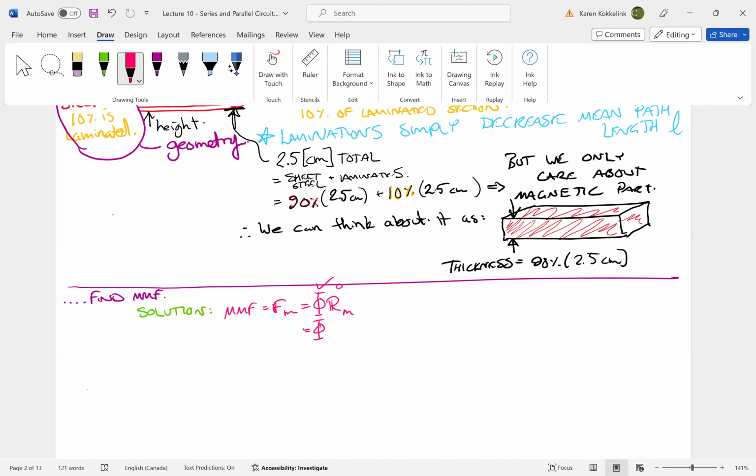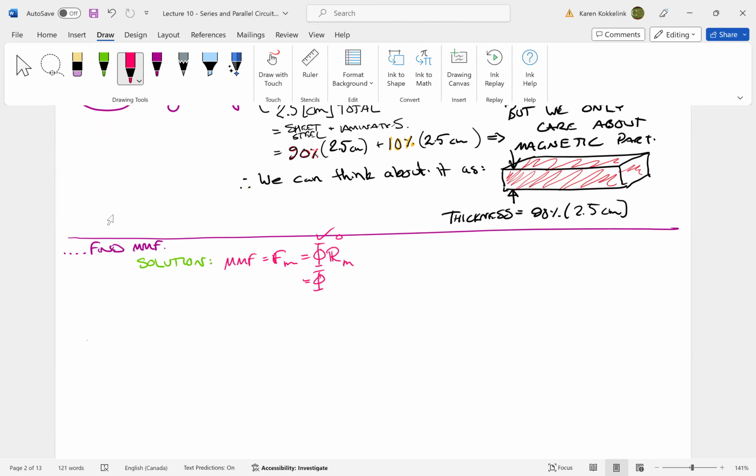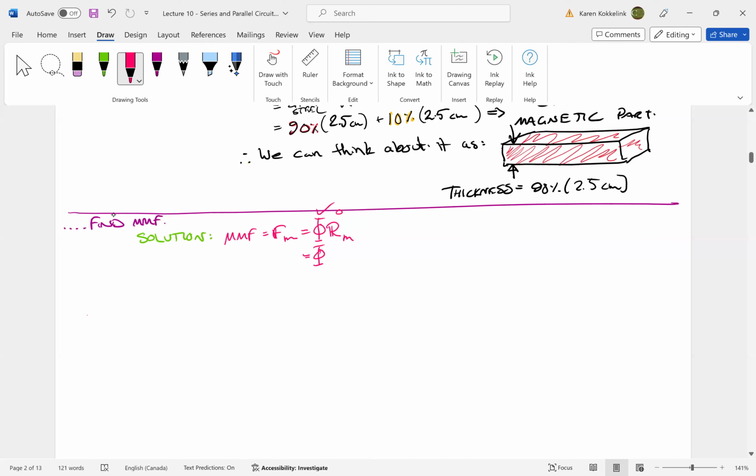Well, Rm is a little bit complicated because it's a shape that has two different materials put together. So we have to recognize that Rm total is what we need here.